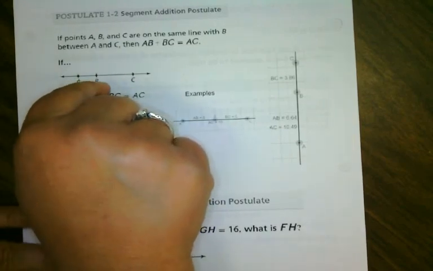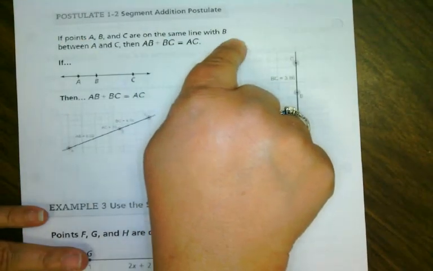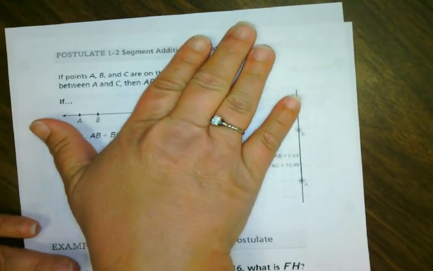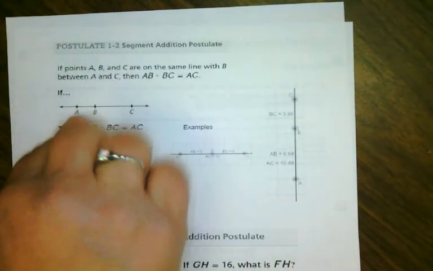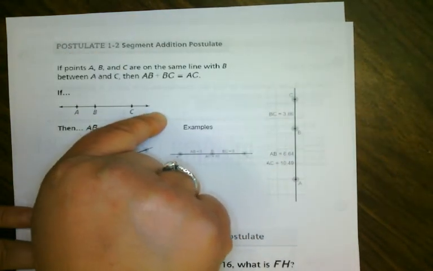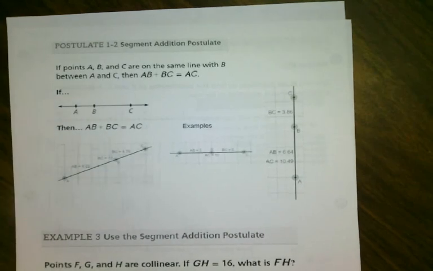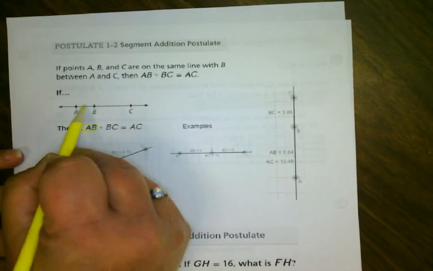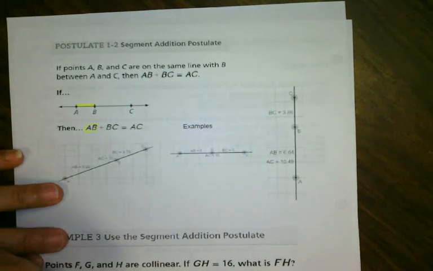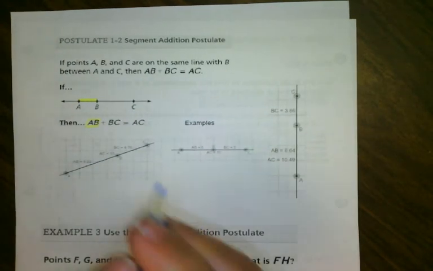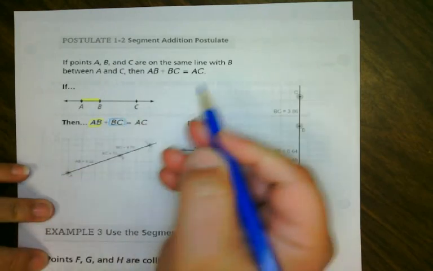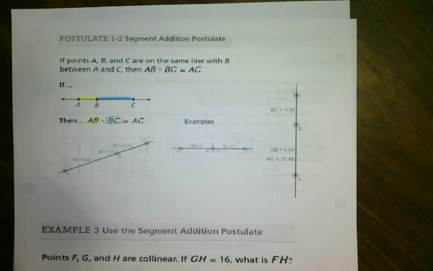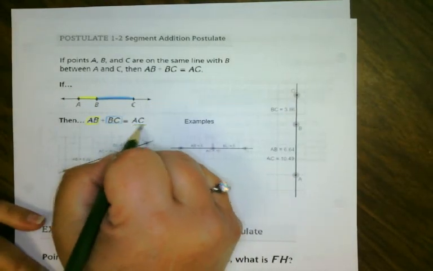You might have to draw that. It may just be words in a problem, okay? And you might have to draw it. But this is the segment addition postulate. It says if you've got this situation with 3 points on the line, then AB, we're going to circle that in yellow, this little piece right here, plus BC, we'll do that one in blue, this little piece right here, are equal to AC.